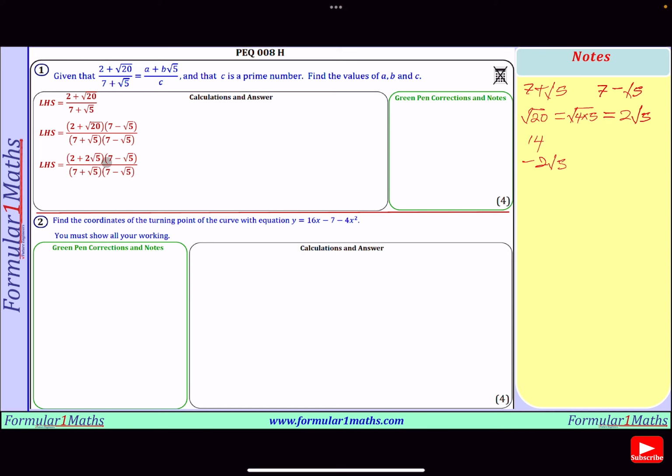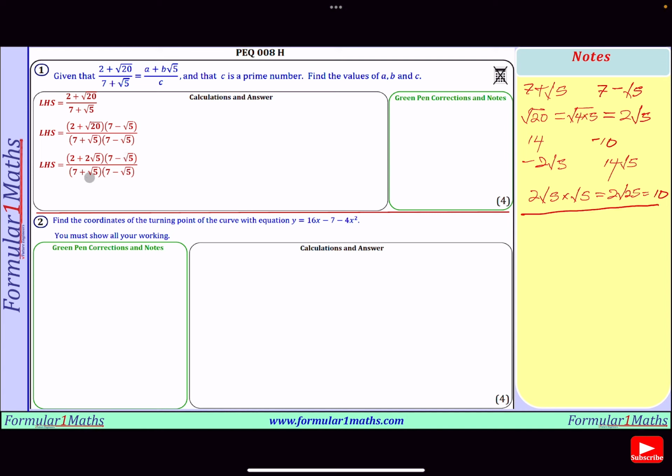That will be 14 root 5. And then we will do 2 root 5 times minus root 5. So we have 2 root 5 times root 5, that will be equal to 2 root 25, and that will give us 10. So the whole of 2 root 5 times minus root 5 gives us minus 10.